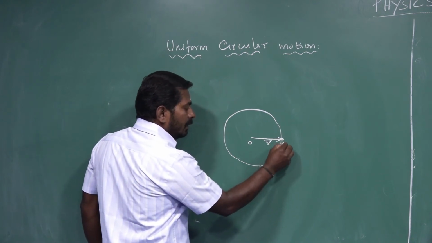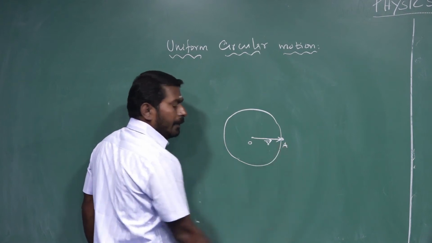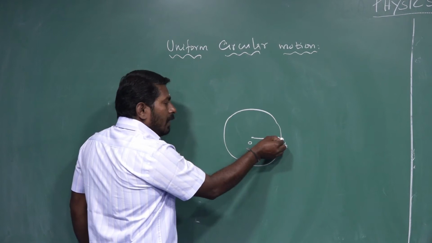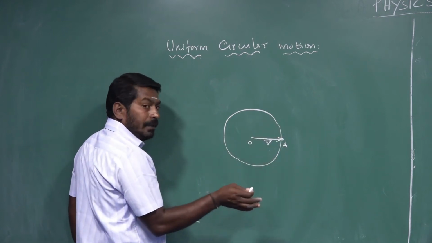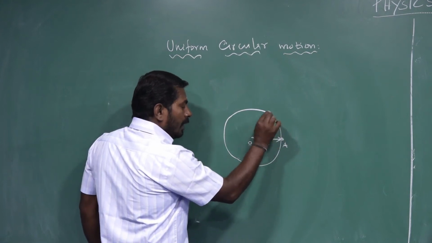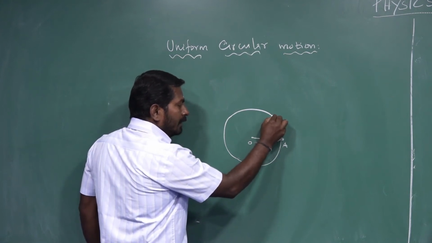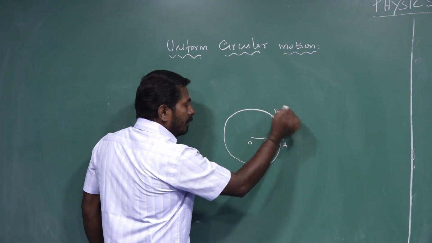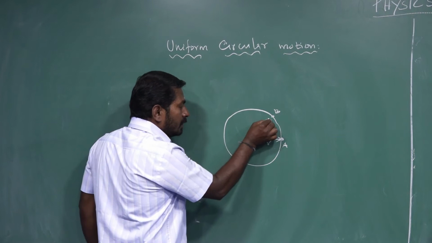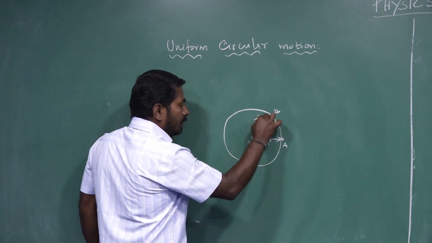The initial position of the point object on the circumference of the circle is A. Now the point object is moving on the circumference of the circle with constant speed along the circumference and reaches the point B. Now the position vector changes, r vector.